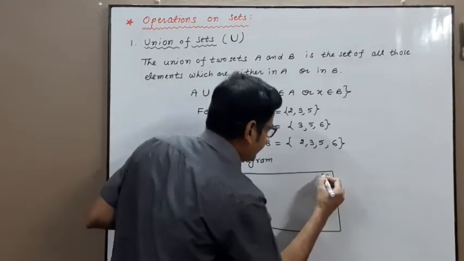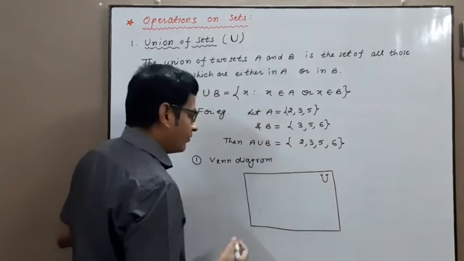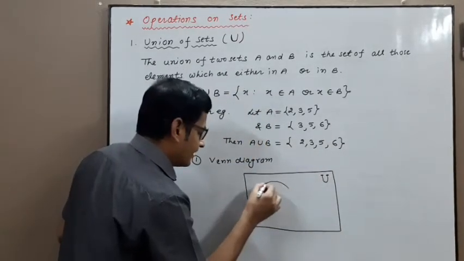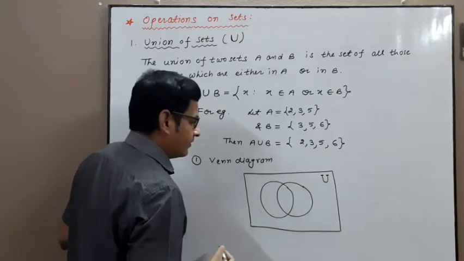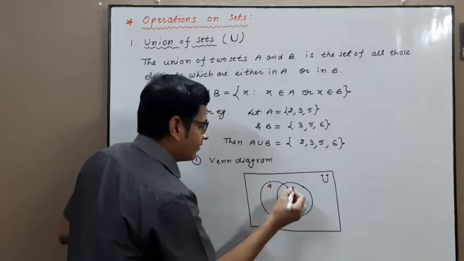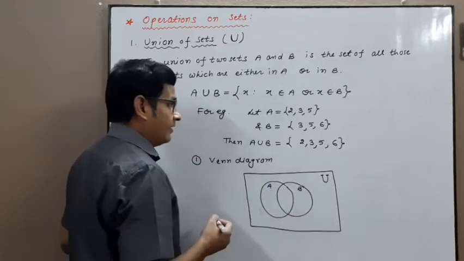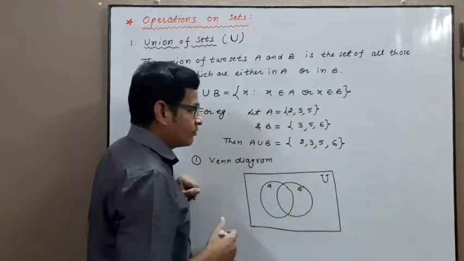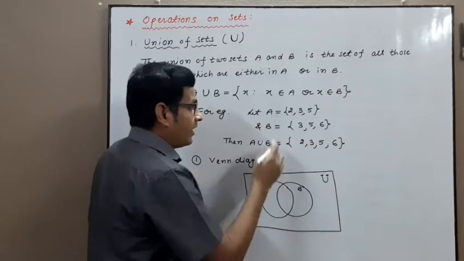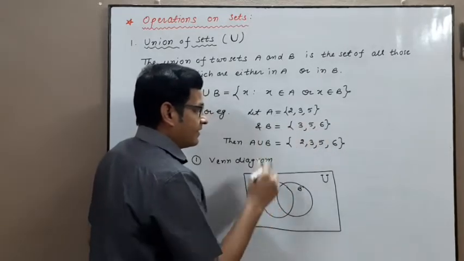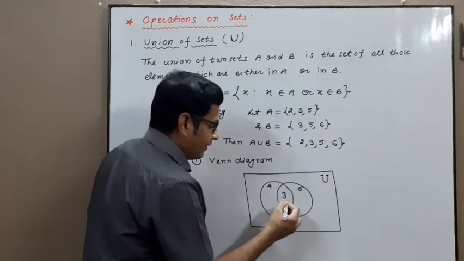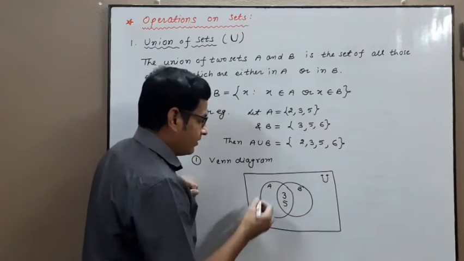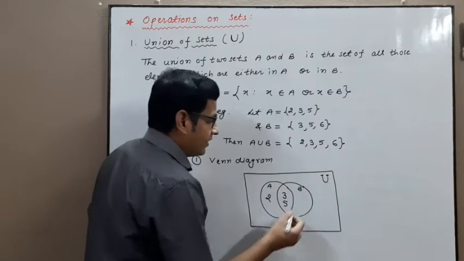This is the symbol of the universal set. And for two sets A and B, we use circles. This is set A and this is set B. In set A there are 3 elements 2, 3, 5, and in set B there are 3 elements 3, 5, 6. 3 and 5 are common, so write 3 and 5 in the common portion. Write 2 here and 6 here.